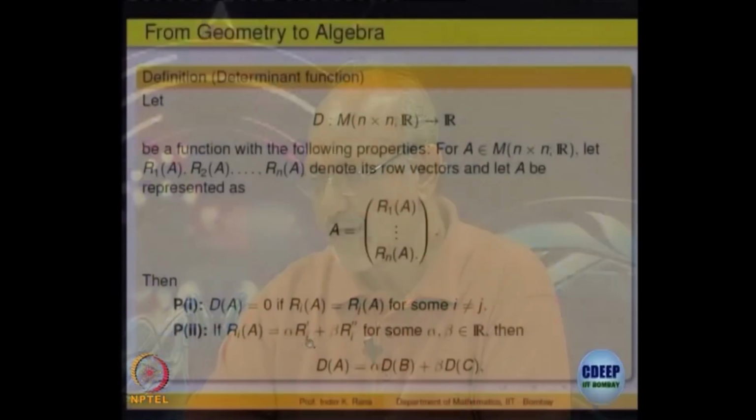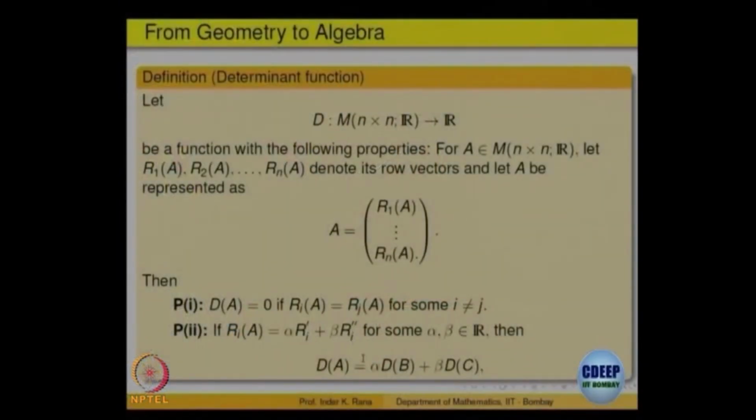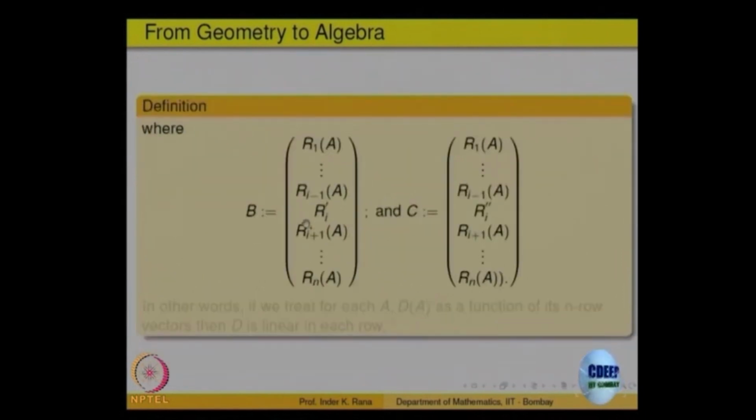So, only at the ith place are the rows ri dash and ri double dash; everything else is the same. That says that if a row is a linear combination, then the corresponding values are linearly added. If the ith row is alpha ri dash plus beta ri double dash, then the determinant of A is alpha times the determinant of B plus beta times the determinant of C, where in B the ith row is ri dash, and in C the ith row is ri double dash.